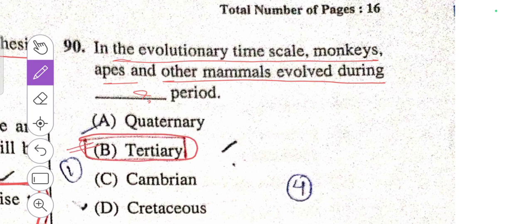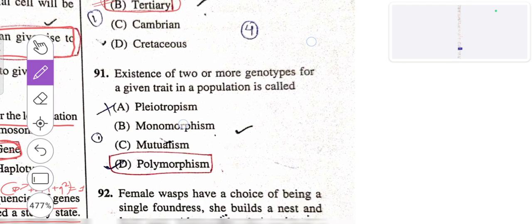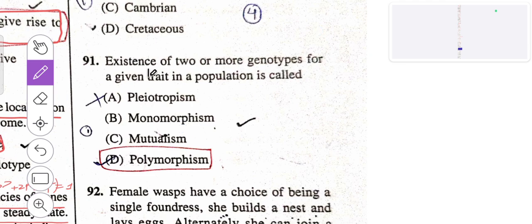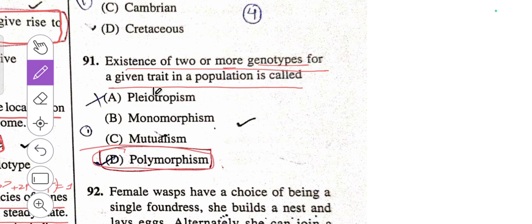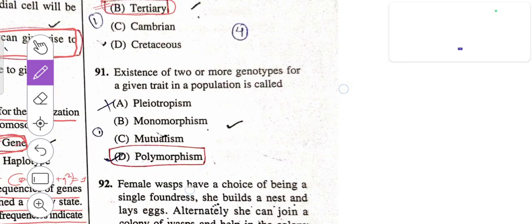Then the 91st question. Existence of two or more genotypes for a given trait in a population is called poly, meaning more than, morphism, meaning character or form, that is polymorphism. D is the right answer.